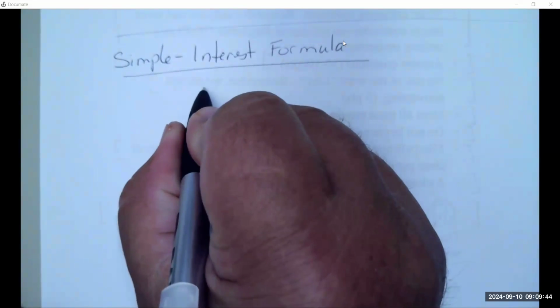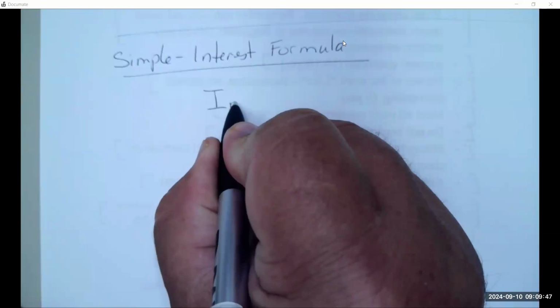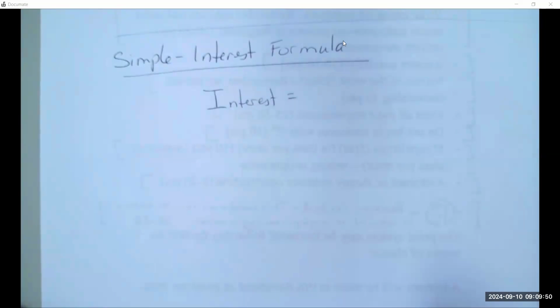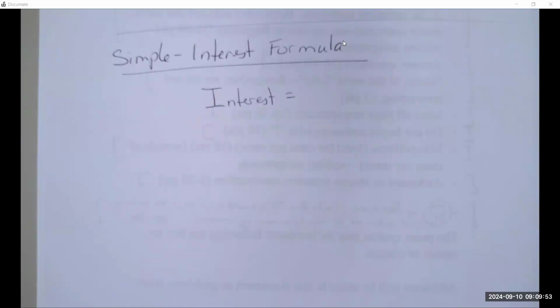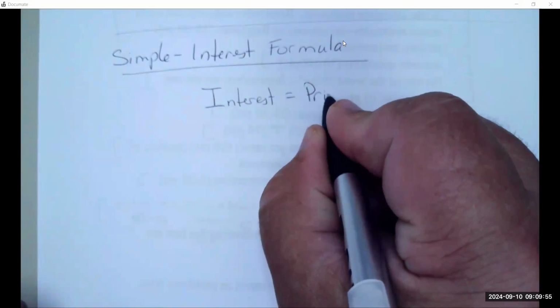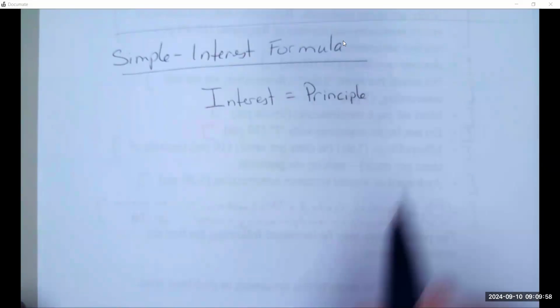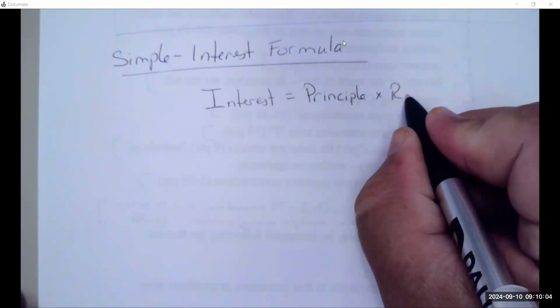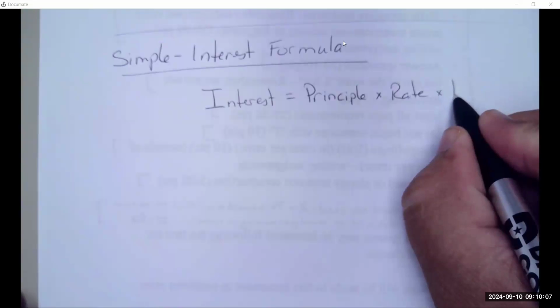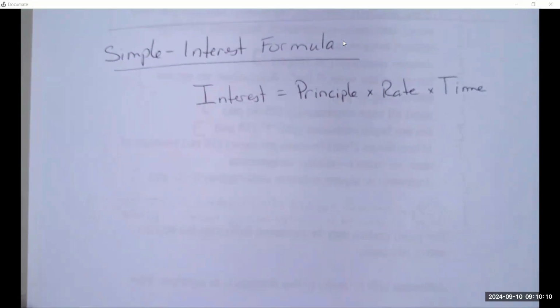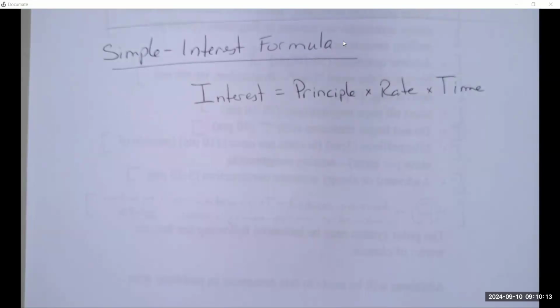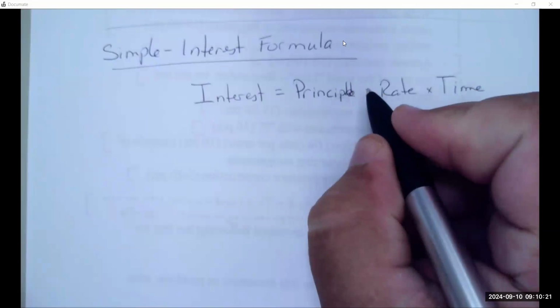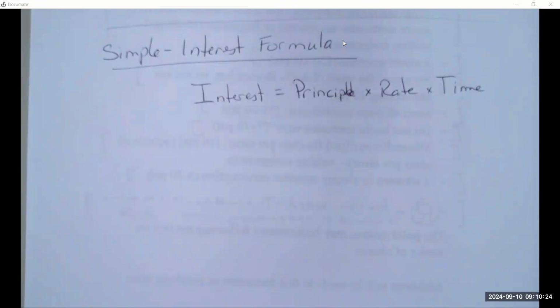By the way, that's simple interest. The interest formula is dependent on three things. It depends on the principal, the rate, and the time. Principal. One of those spellings, because one's a person at your school, the other one's how much money you got.